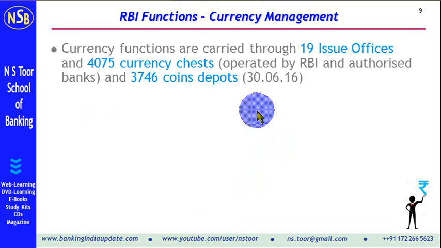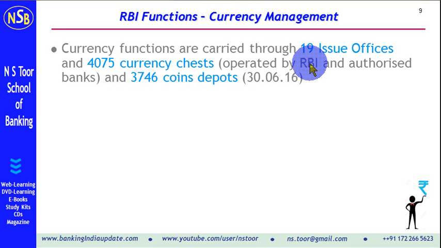Currency functions are carried by Reserve Bank of India through 19 issue offices, and then these are distributed through currency chests. So there are 4075 currency chests. These currency chests are operated by Reserve Bank of India, where RBI is not having its office.